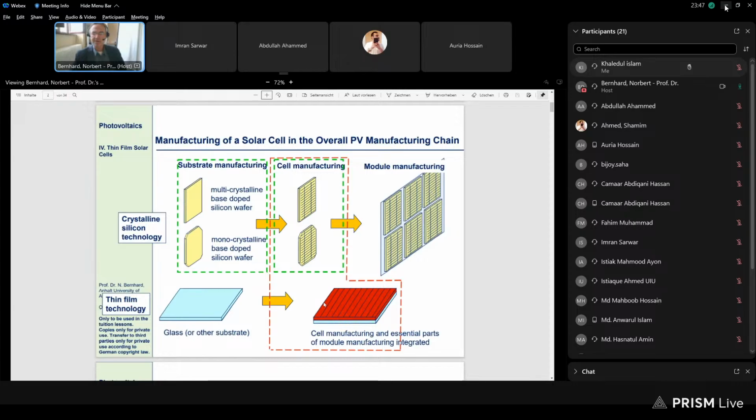But the TCO deposition is the same, and it's usually either a sputtering process or a chemical vapor deposition process by which the TCOs are made. Then there follows a laser structuring. That means in certain intervals, and the width here is typically 1 centimeter, the whole area is separated into single stripes. This is done by an ablative laser cut.